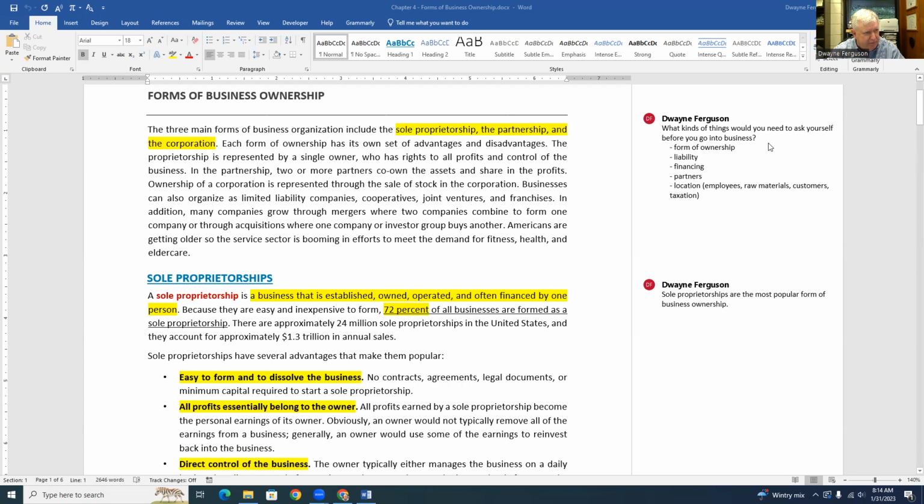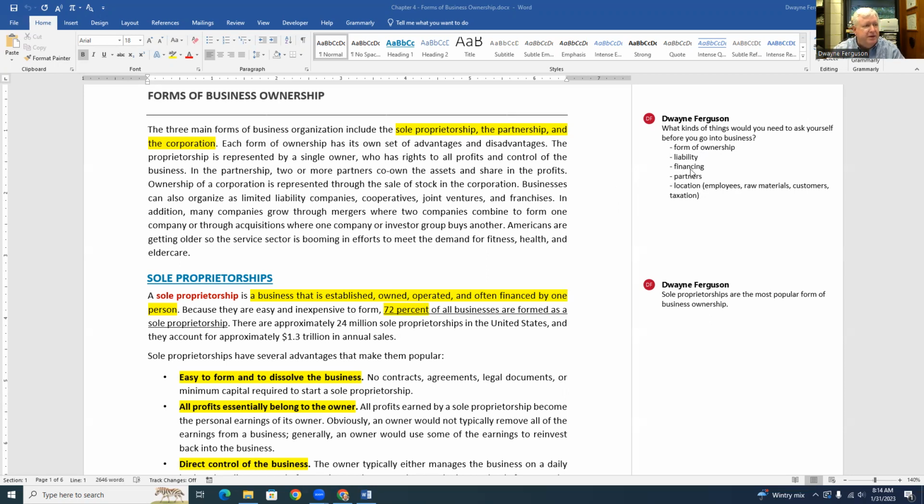But by the way, in my notes out here, what kinds of things would you need to ask yourself before you go into business? Well, definitely you need to know what kind of business, a sole proprietorship, partnership, or corporation you want to start. And a lot of that's going to be determined by who's going to have liability for what if things go wrong, who's going to be liable to creditors, and who's going to be liable if someone sues the business.